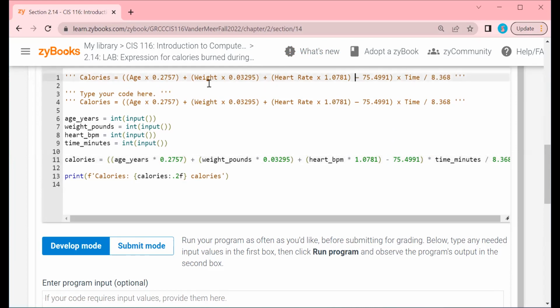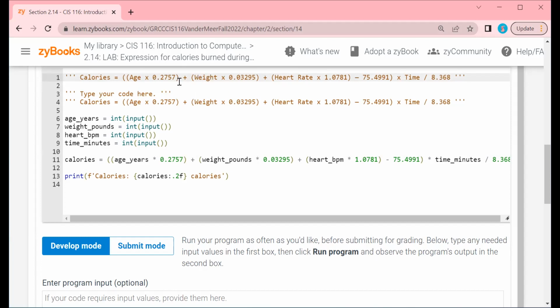Yeah, and also the variable names. So age is age years, weight is weight pounds, heart space rate. There's no spaces in variable names. So don't just copy that as your formula. Your variable names have to match up with your formula.